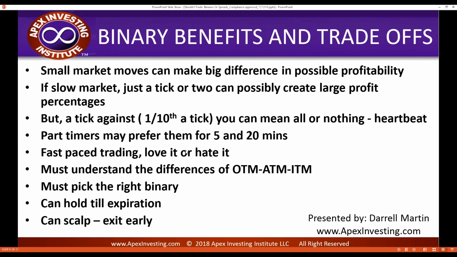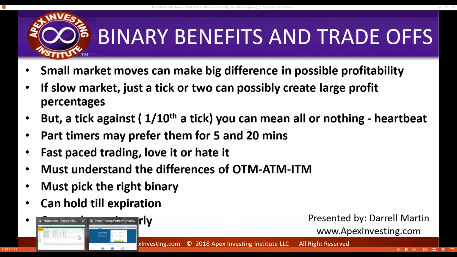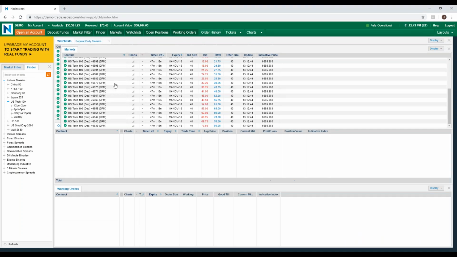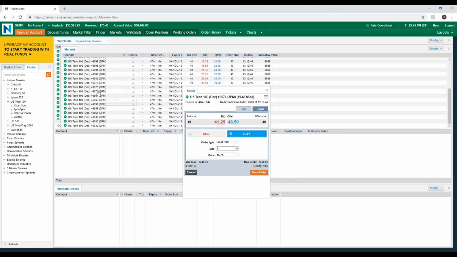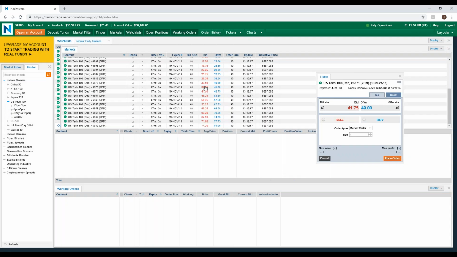You can hold the binary all the way until expiration, or you could scalp it. You can exit early. All right. For example, let's just say as an example, I had bought this binary right here. Okay. And I bought it for $48, $49. And the market starts to go up and it's going in my direction. Okay. And now the binary's worth 50 and worth 59 and worth 65 and worth 72.